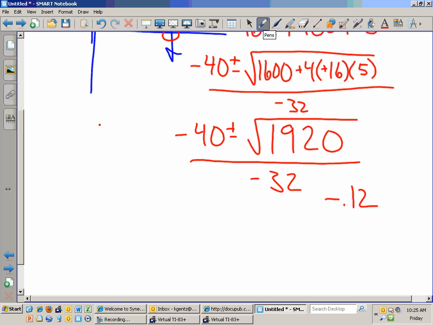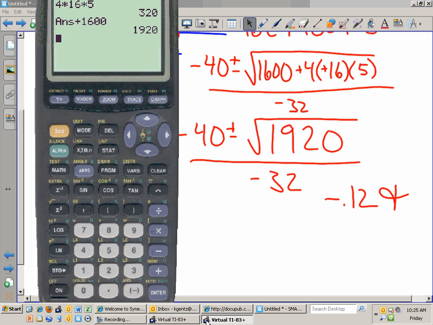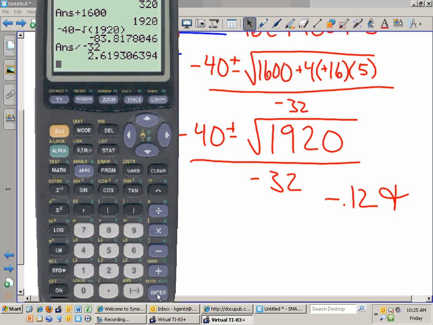How many answers do you get when you use the quadratic formula? We get 2, generally speaking. So we do negative 40 minus the square root of 1,920. And then I divide that by negative 32, and I get 2.61 or 2.62.